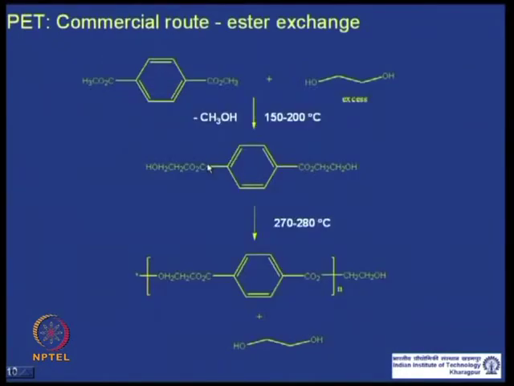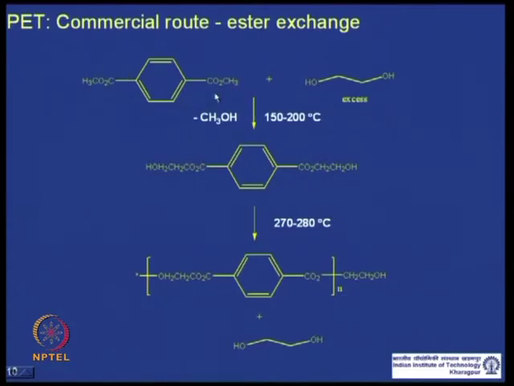What is the commercial way of synthesizing polyethylene terephthalate in this case? It is by ester exchange. It can be done either starting from the dimethyl ester of terephthalic acid or from terephthalic acid itself. It is a two stage ester exchange process.